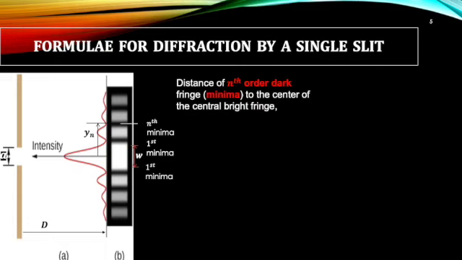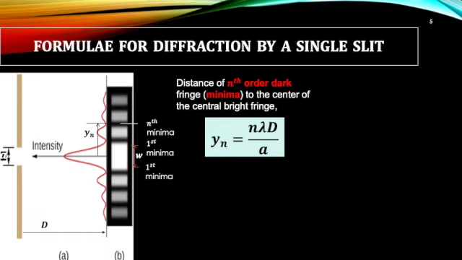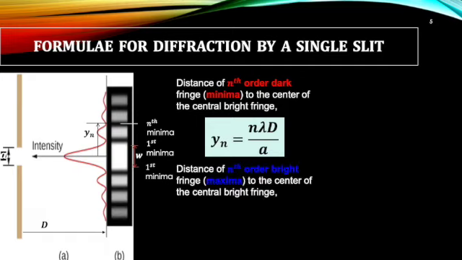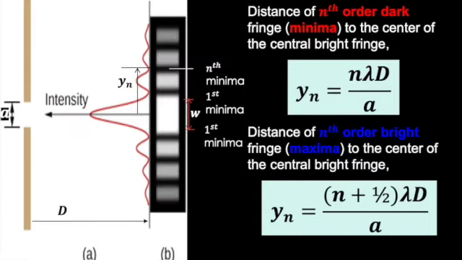Formula for diffraction by a single slit: the distance of the nth order dark fringe minimum to the center of the central bright fringe, which is yn in the diagram, is yn equal to nλD over a. And the distance from the nth order bright fringe maximum to the center of the central bright fringe, yn, is equal to (n plus half)λD over a.